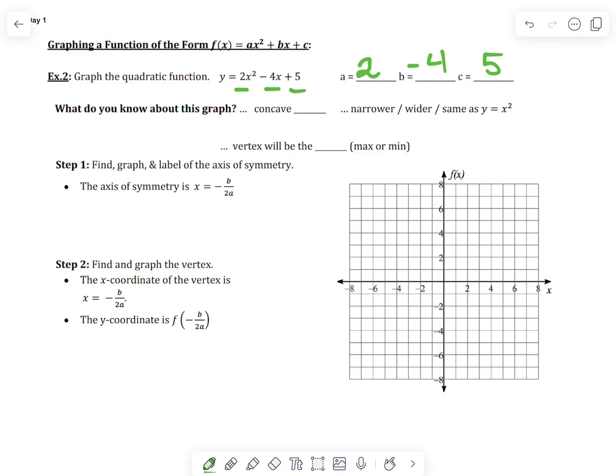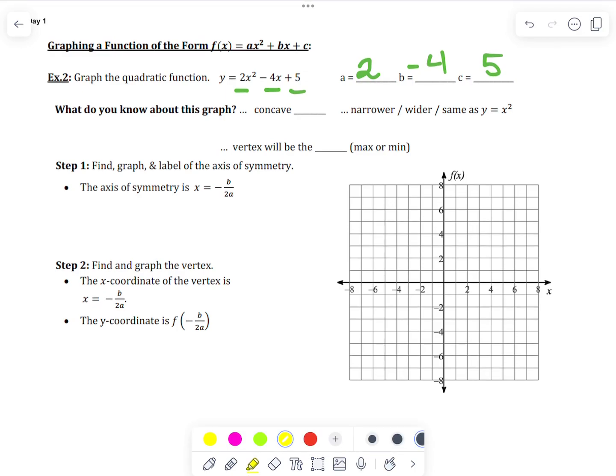And we want to identify, is this graph going to open up or down? So this is called concavity. If the A, here's our A right here, is a positive number, it's going to open up, so it's going to look something like this.